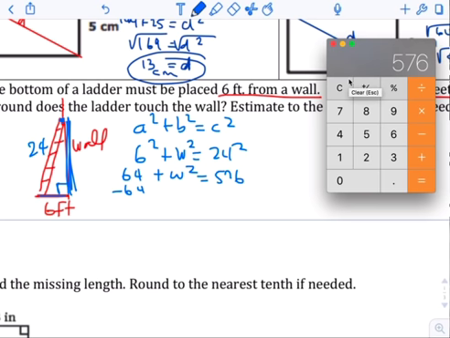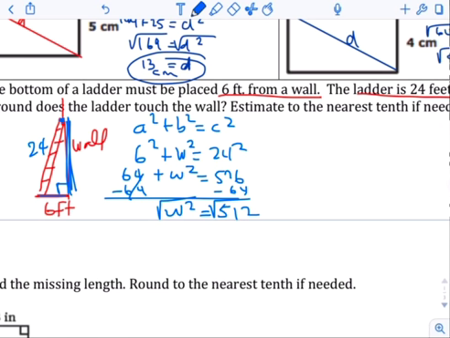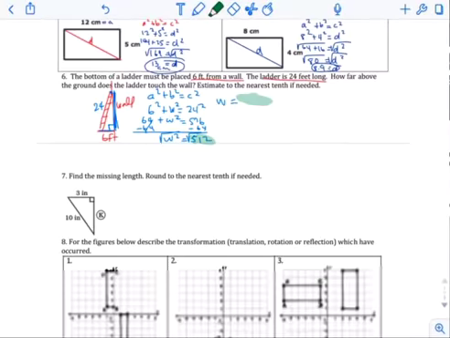Subtract 64. W squared equals 5. Take the square root. Find the square root, round to the nearest tenth. So the wall is, find this on your calculator, put your answer here. Don't forget.